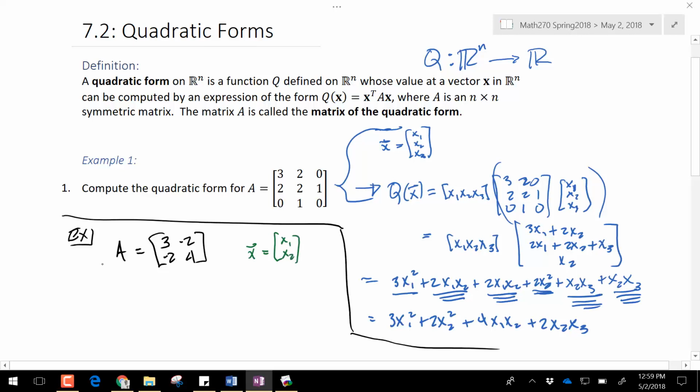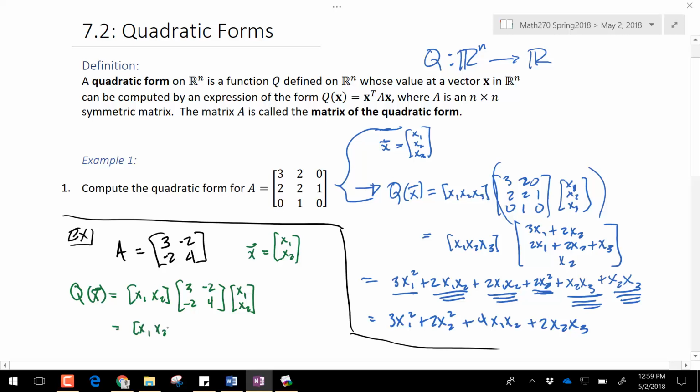And then our q is going to be x1, x2, times the matrix 3, -2, -2, 4, times x1, x2.